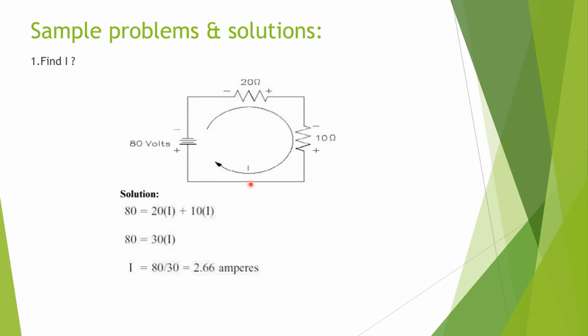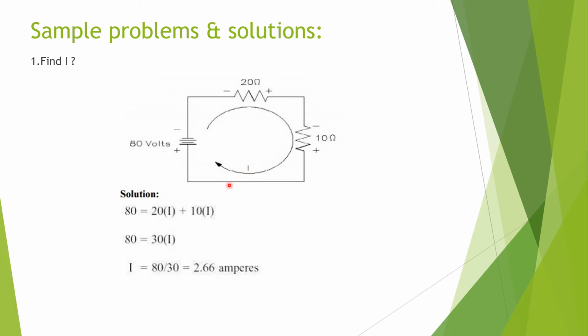We know that Kirchhoff's current law and Kirchhoff's voltage law are closely related with Ohm's law. So here you can see a diagram. In this problem, we need to find the value of current. We know that it is a closed circuit.